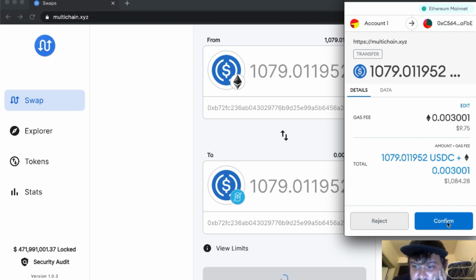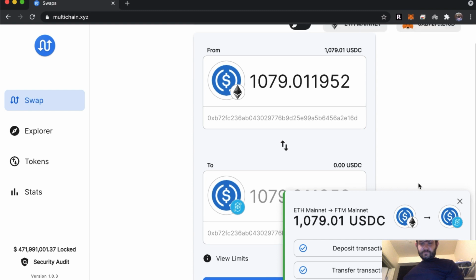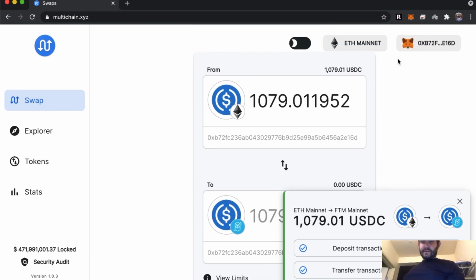Much cheaper. Much cheaper. Not bad. All right. Should be good to go.